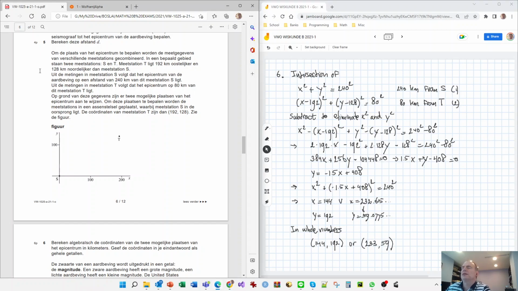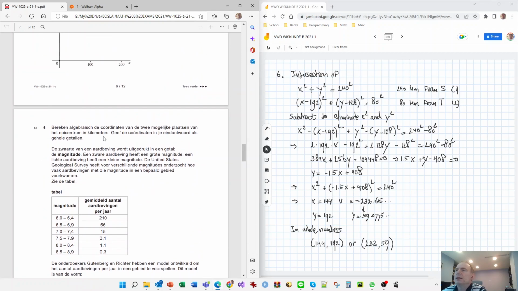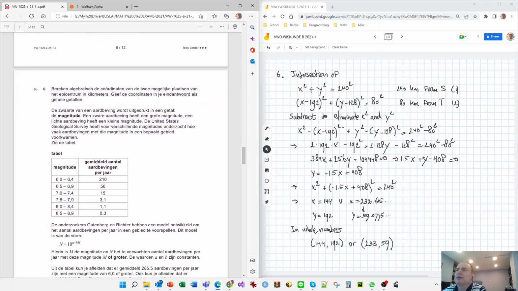You get a circle around S with a radius of 240, and a circle of radius 80 around T, and the epicenter of the earthquake has to be in the points where these two circles intersect. And then the question is, calculate the two possible points of intersection.